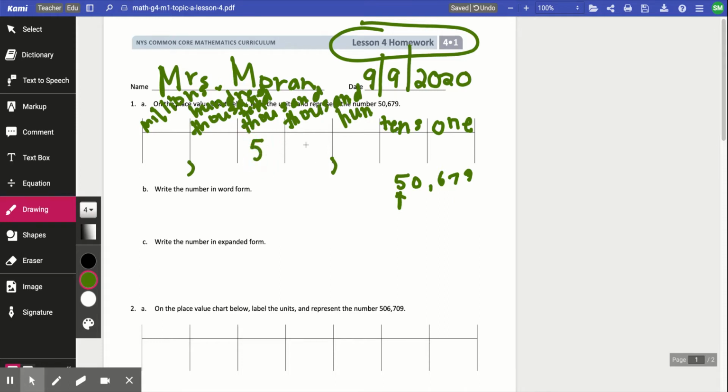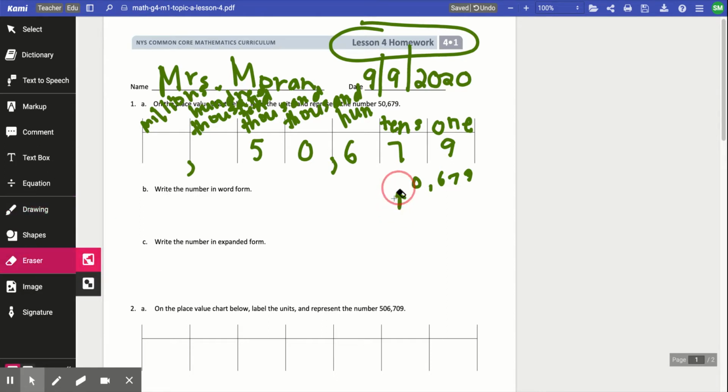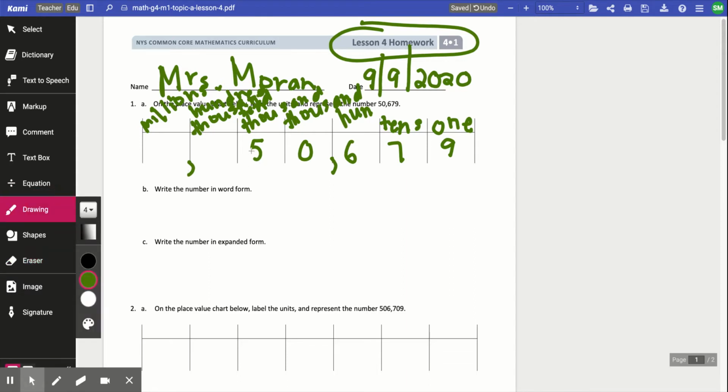So I am going to write it in like so. And problem number 1 is done. I labeled the place values, and then I placed the digits where they needed to go. These are the digits: 5, 0, 6, 7, 9. They make up the larger number, 50,679.